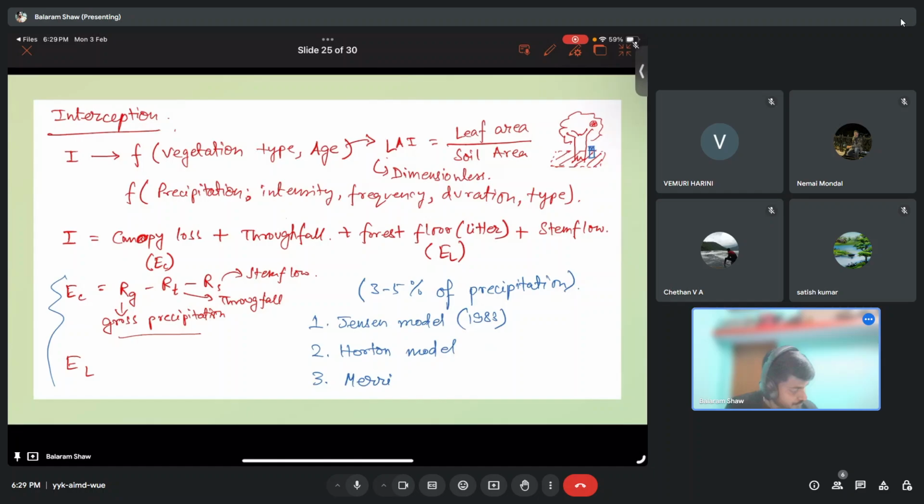Next abstraction was depression storage, right? So what is the meaning of depression storage that we studied? Depression storage we also call ponding. From the word itself you can understand that there is some depression in which something is getting stored, right?